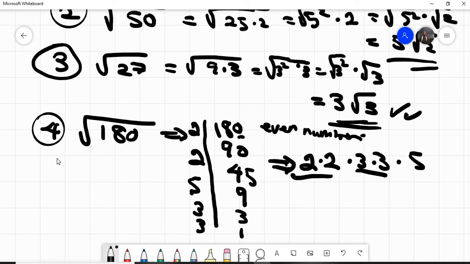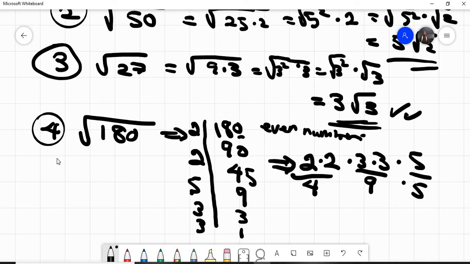So this one is 9, this is 4, and this one is 5. And 5 is going to be itself.